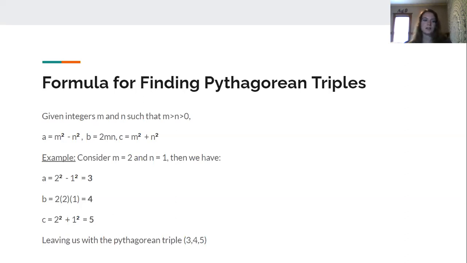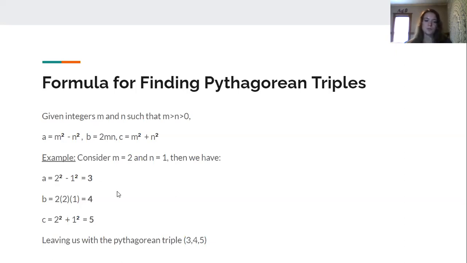So if we consider m equals 2 and n equals 1, you can see that we would have a equals 2 squared minus 1 squared, which equals 3. B is going to equal 2 times 2 times 1, which equals 4. And c equals 2 squared plus 1 squared, which equals 5.